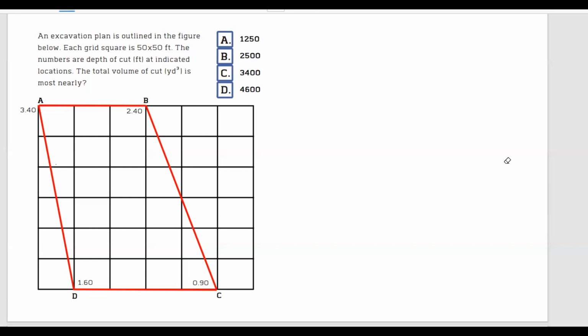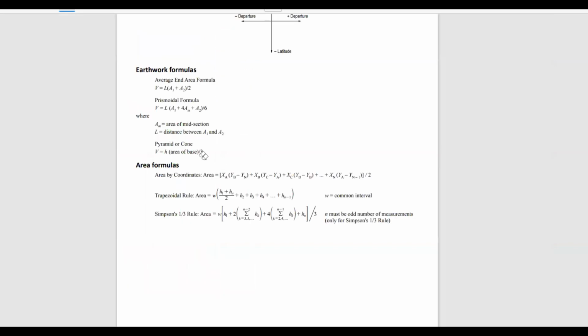So one thing I can think of is we can calculate the area using the method of area by coordinates. I actually have discussed this in one of my previous videos, and if you go to the FE handbook, I have it right here.